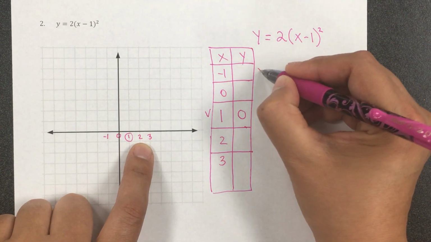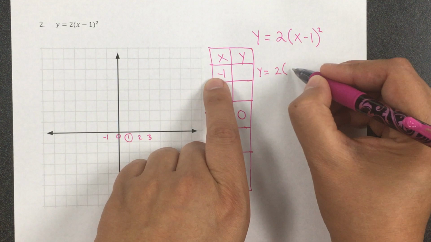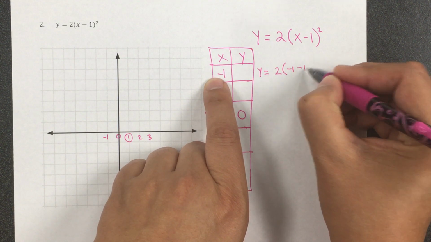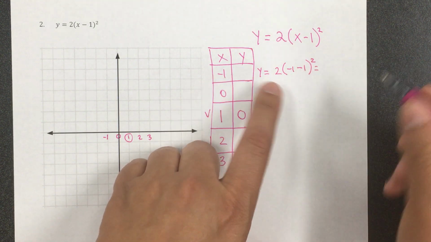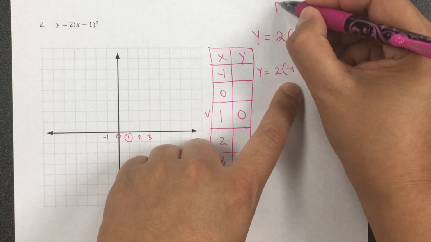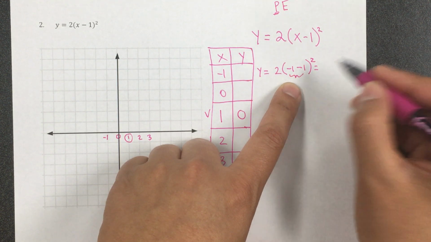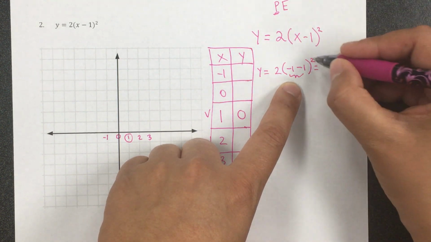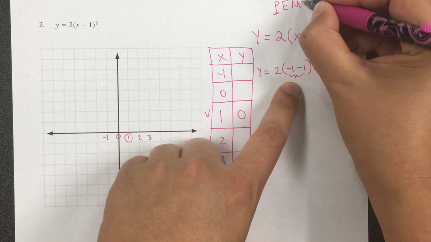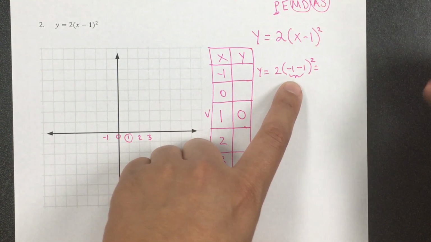And so we start substituting. So y equals 2 times the value of x minus 1, all squared. Remember that PEMDAS told me that I have to do whatever is inside of the parentheses first, and then the exponent, and then multiplication and division, whichever comes first, and addition and subtraction, whichever comes first.